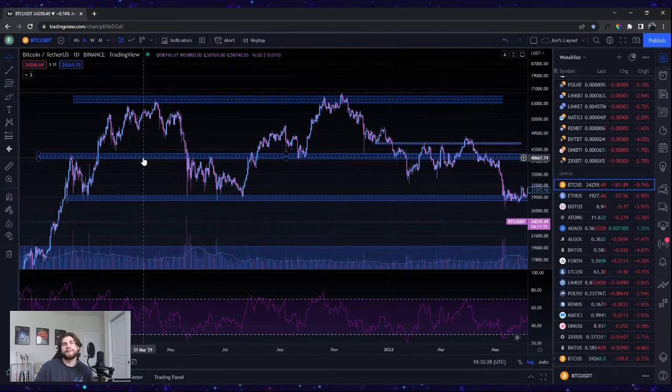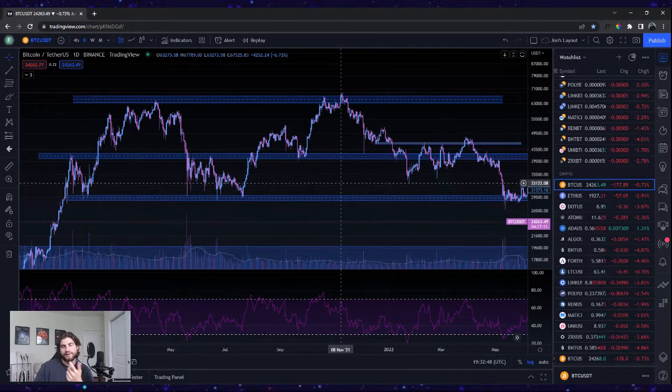And then between that, you have the 40K or so range, which splits this range in half. And you can see there were a lot of big reversals in the price momentum around that $40,000 range.